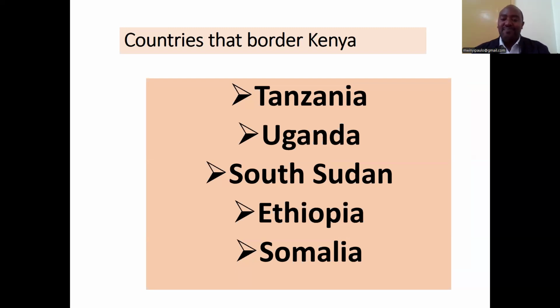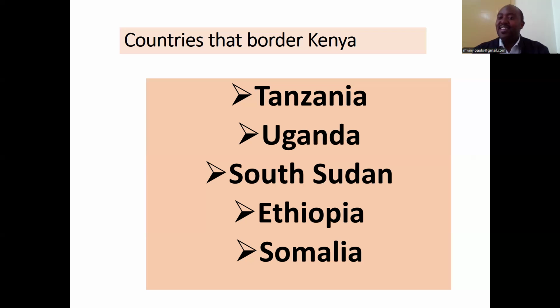Uganda, check, compare with what you had written. South Sudan, Ethiopia, and Somalia. Those are the countries that border Kenya. It doesn't matter the order in which you had written them, but make sure that you've Tanzania somewhere, you've Uganda, South Sudan, Ethiopia, and Somalia.